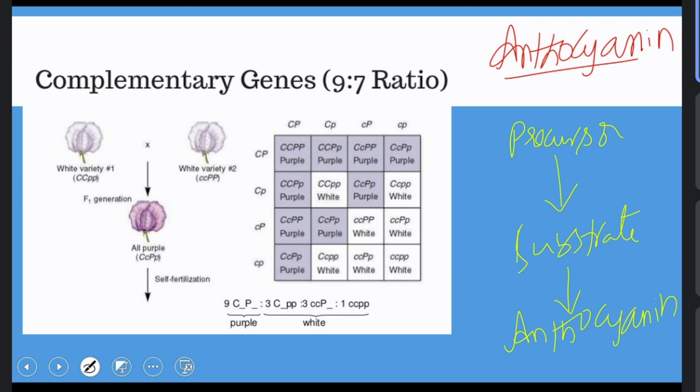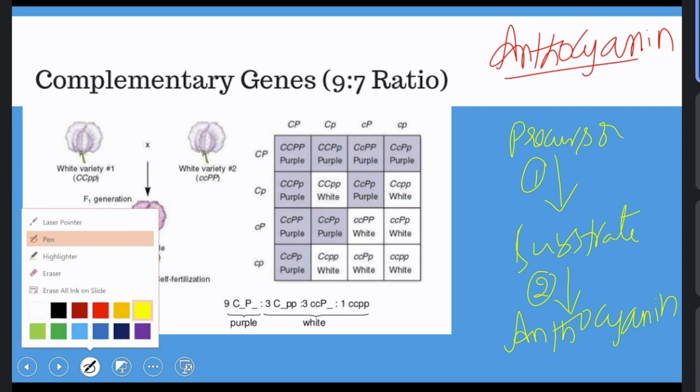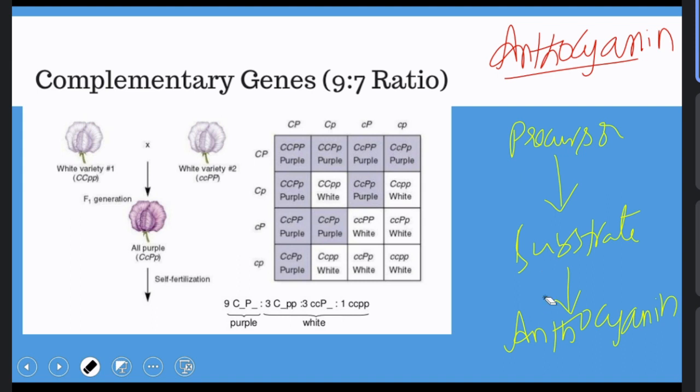So in this particular reaction where anthocyanin is produced, there are two reactions, and both the reactions are controlled by enzymes. So let us represent them as E1 and E2. E1 enzyme is responsible for the conversion of precursor to substrate, and E2 for the conversion of substrate to anthocyanin.